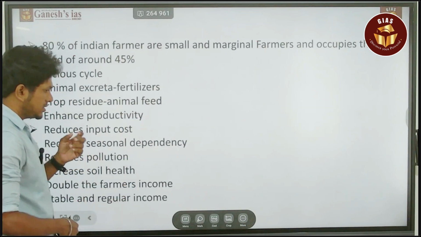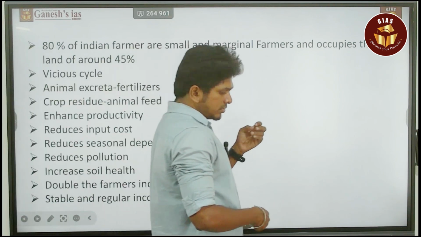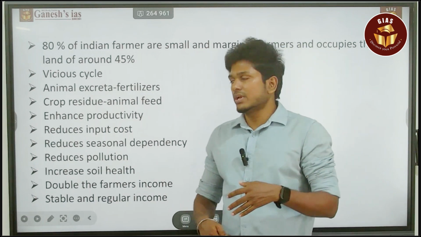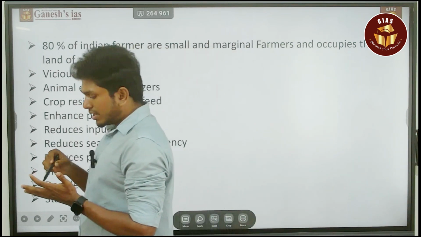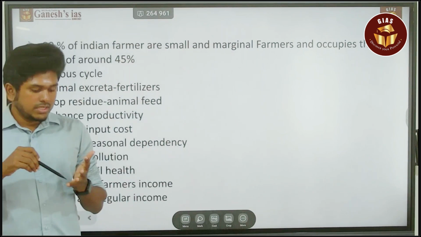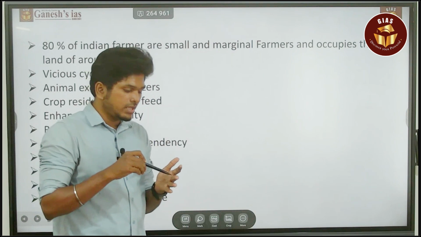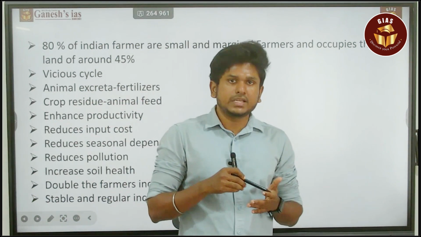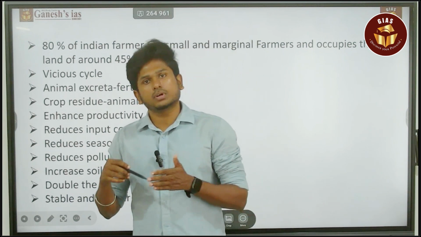First thing, in reality, India's small and marginal farmers are in a vicious cycle, which means they have to spend on seeds, on fertilizers, on insecticides, and for irrigation. So all this adds to the input cost.